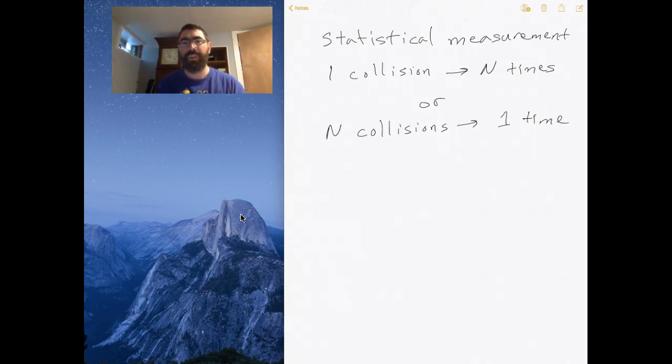Or I could take 100 coins, flip them all at one time, count them up, and 50 of those coins should be heads, 50 of the coins should be tails. So that's how I determine experimentally, or test experimentally, what the amplitudes of this wave function are going to be.